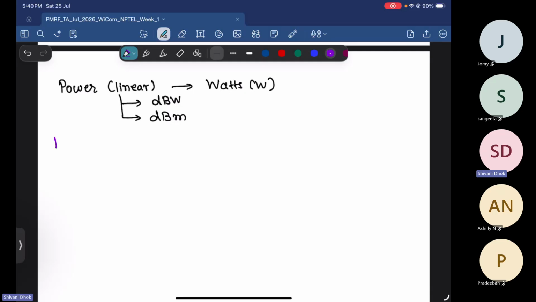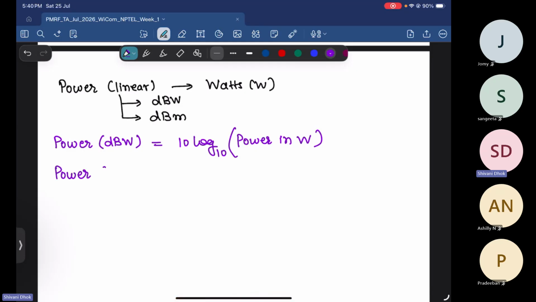So power in dBW is given by 10 log of power in watts to the base 10, and power in dBm is given by 10 log of power in milliwatts to the base 10.